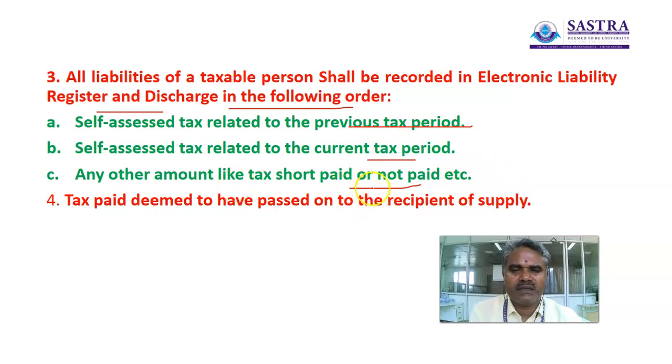The tax paid is deemed to have been passed on to the recipient of supply. That is very, very important. So the recipient only has to pay. This is the discharge, or methods of payment of tax.